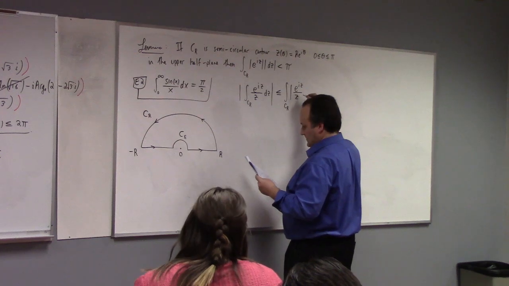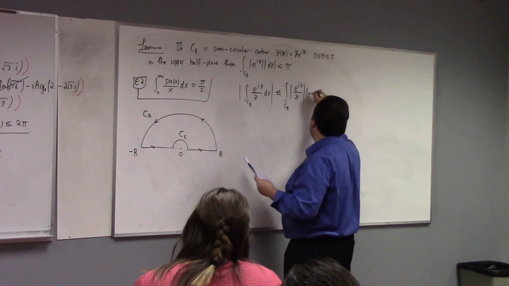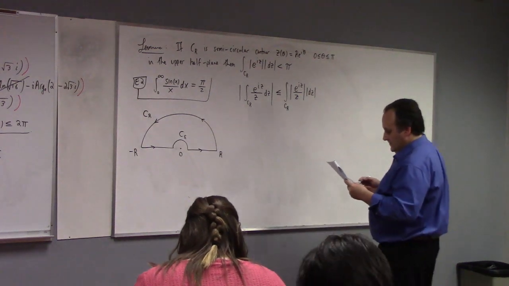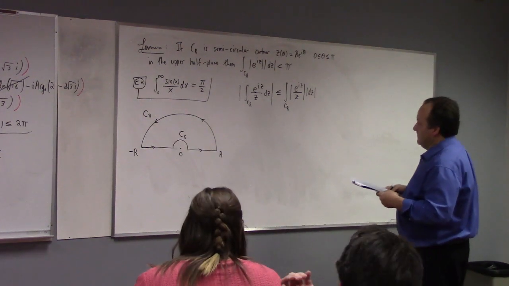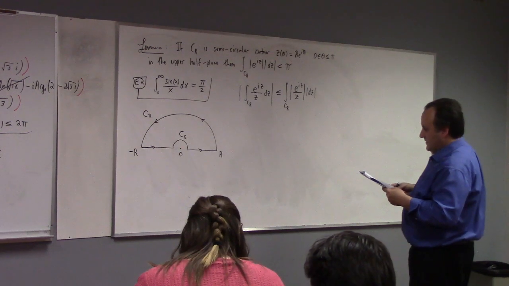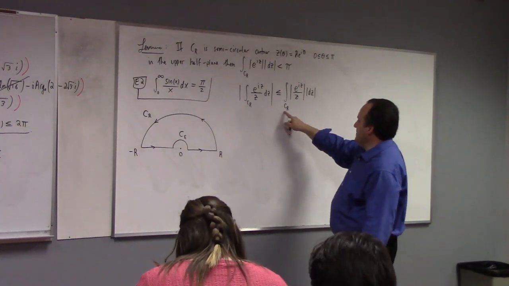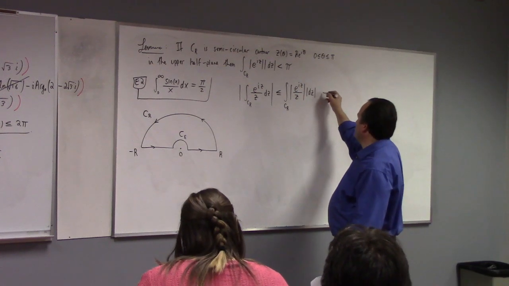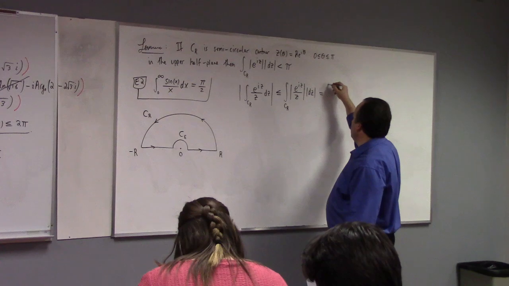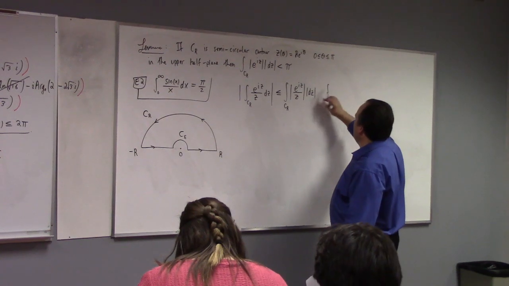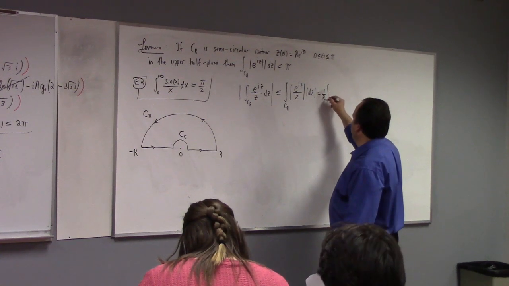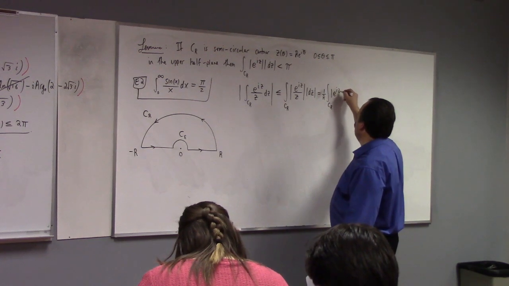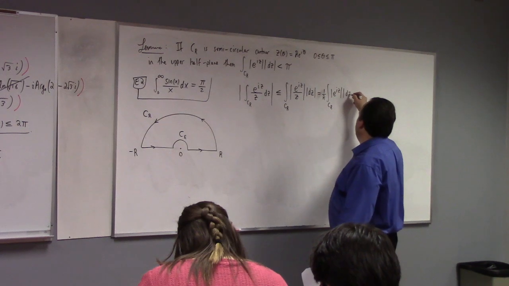Did you mean to write sin x over x? Yes, I did. But in this context, if we're on the semicircle of radius r, the modulus of z is just r, right? So we have equal to 1 over r times the integral over CR of the absolute value of e to the iz dz, right?